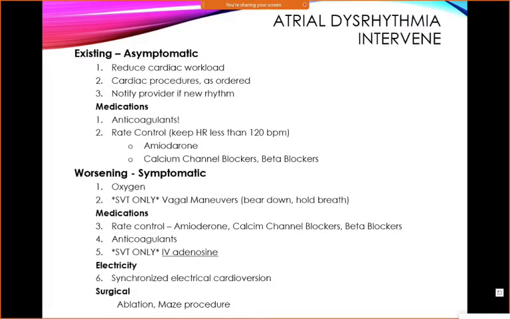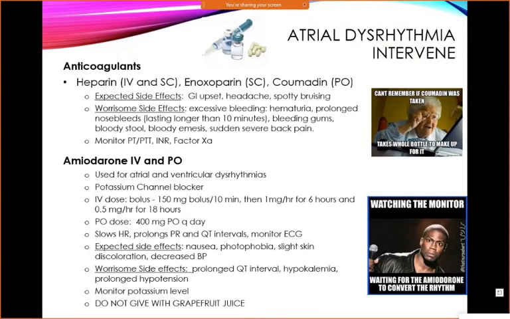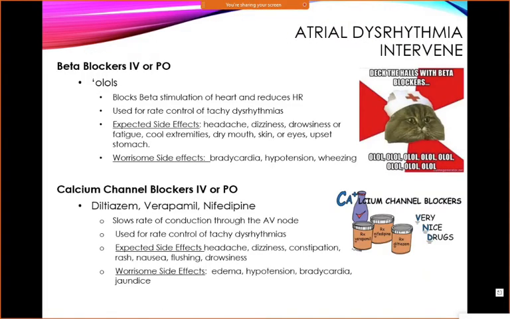So remember, you have a whole list of meds. They will try amiodarone, calcium channel blockers. The calcium channel blockers are the very nice meds. You have your diltiazem, verapamil, nifedipine. These are calcium channel blockers. They'll try those first. They really only go to adenosine when nothing is working and your heart rate is still greater than 150.